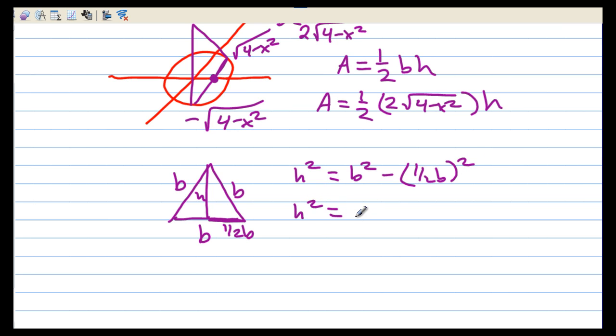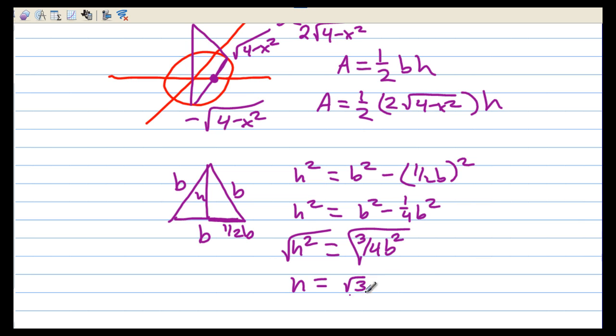So h squared equals b squared minus 1/4 b squared. And h squared equals 3/4 b squared. 4/4 minus 1/4 gives you 3/4. If we square root both sides, that's going to give us what h is. So the square root of 3 over 2 b is what the height is.